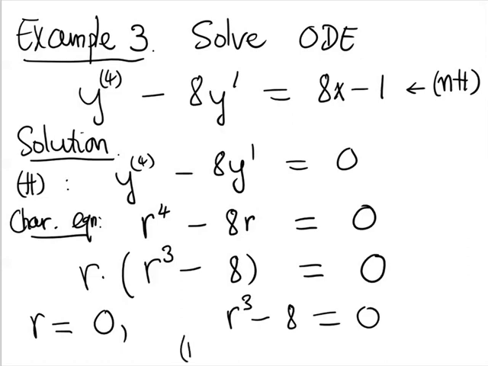But we need to factor r minus 2 times something here. We need to determine what it is by synthetic division. So let's rewrite here, r cubed minus 8.